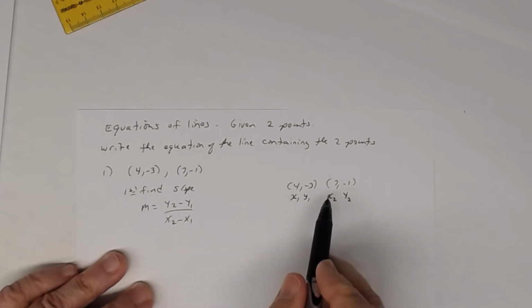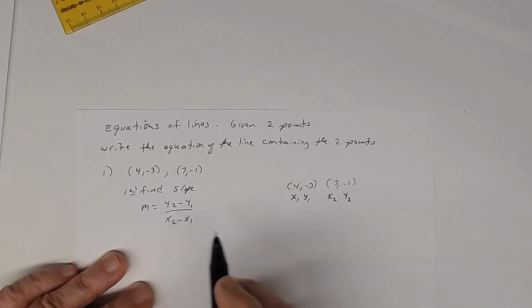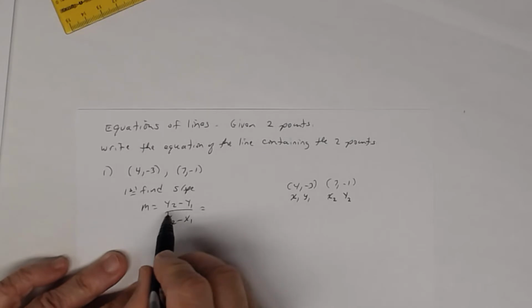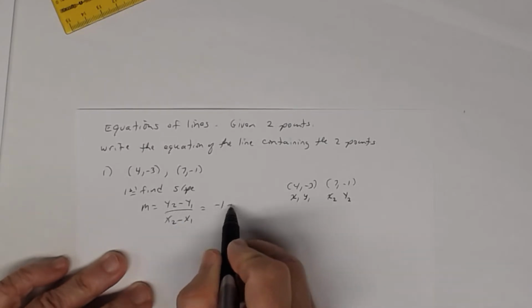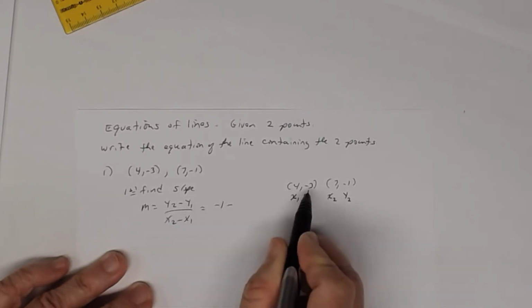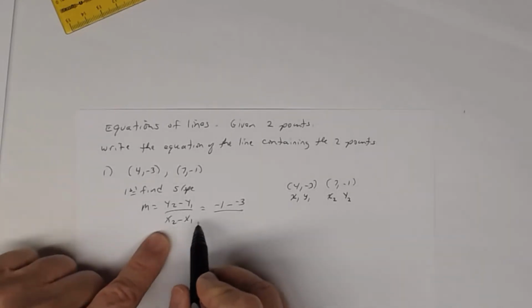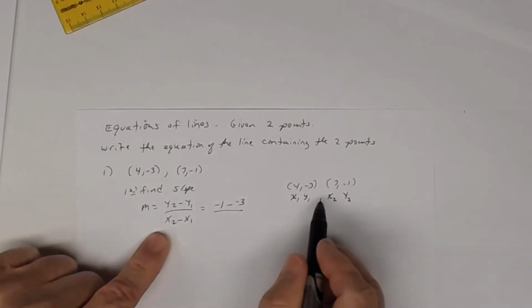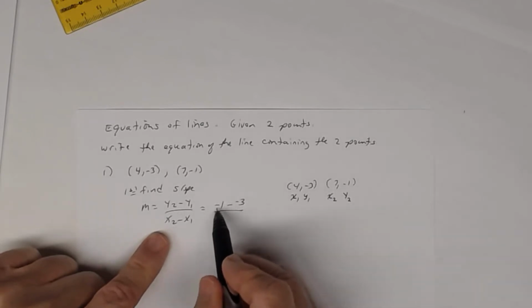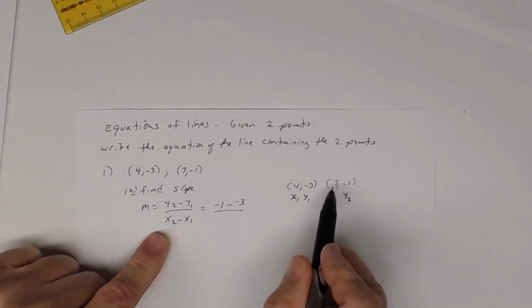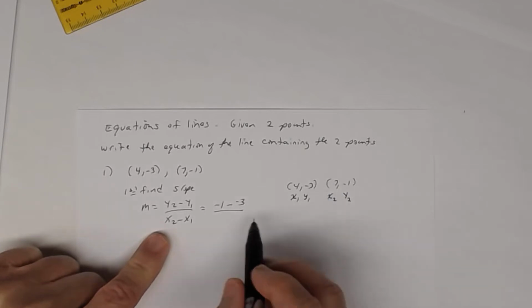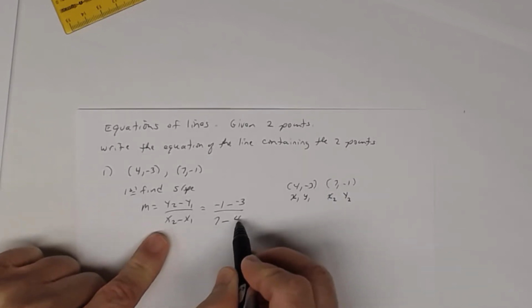Then it's just a matter of substituting these values into the formula. So I get y2, which is -1, subtract y1, which is -3, divided by x2, which is 7. The order matters. Since I started with -1 in the numerator, I have to start with 7 in the denominator. So 7 subtract 4.